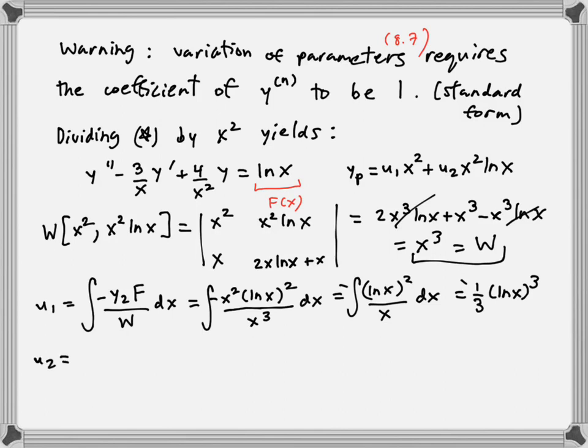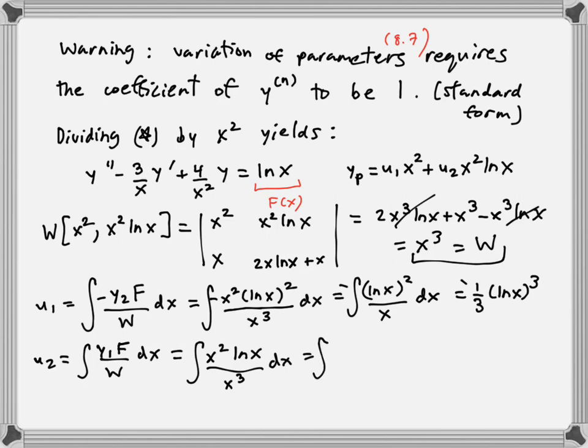Now, what about u2? Remember, the formula for u2 is y1 f divided by W without the negative. So what would y1 be? Remember, y1 was x squared. So it's going to be x squared, and then f is ln x, and then you're dividing by x cubed.